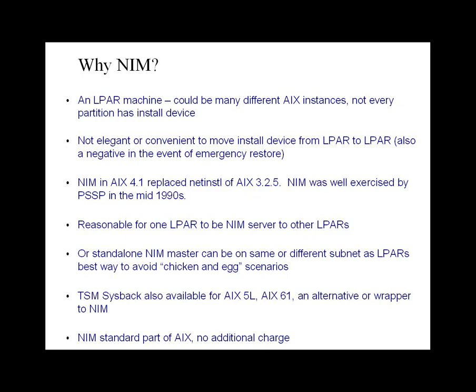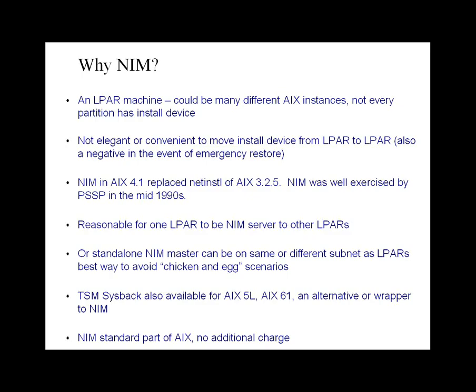It's reasonable for one LPAR in a machine to be a NIM server to other LPARs. But it's also reasonable that the NIM master might be a standalone machine. It can be on the same network or different networks, same or different subnets as client LPARs. Having a standalone master might be the best way to avoid chicken and egg sort of scenarios.